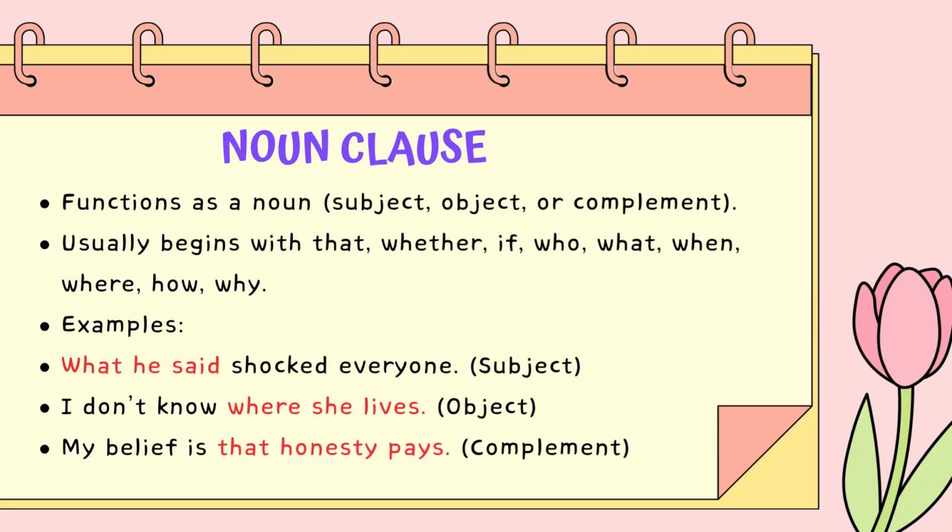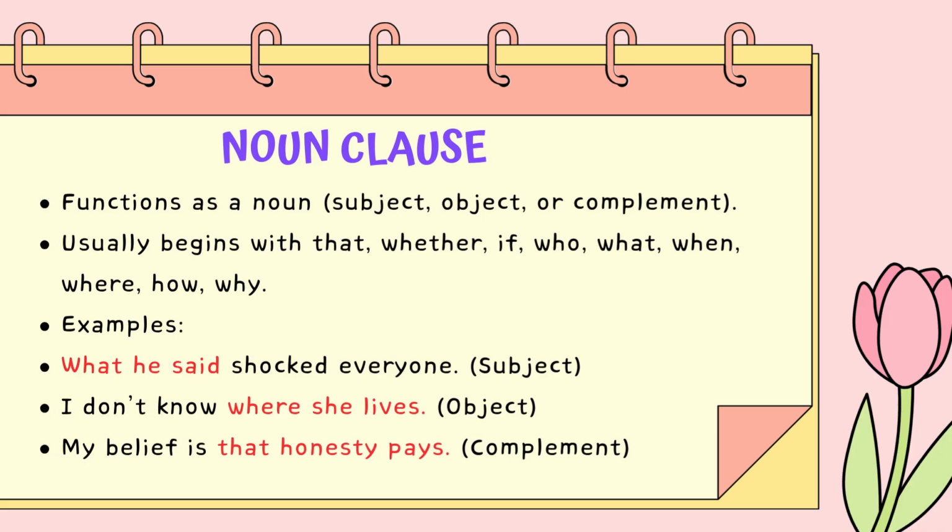Now, let's look at the types of dependent clauses. The first one is a noun clause. A noun clause functions as a noun, and when it functions as a noun, it can take the position of a subject. It can act like a subject, it can act like an object, it can also act like a complement. So that is the role it plays.